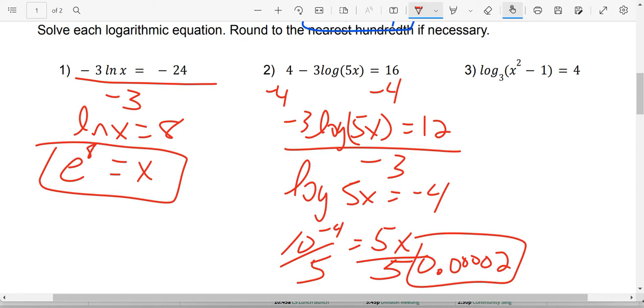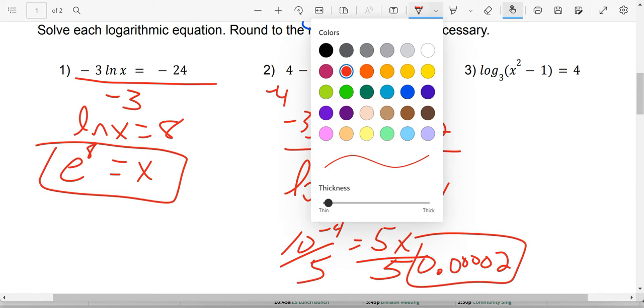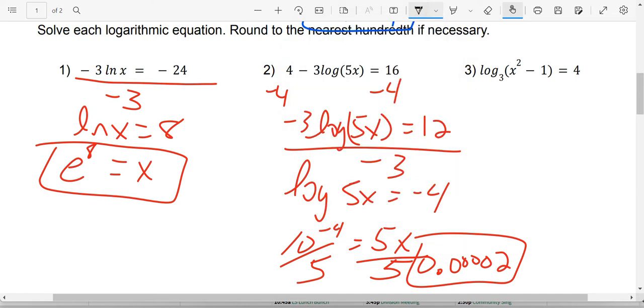All right. Next one, we got a little lucky, but also a little unlucky, in that we can go straight to putting it in exponential form. Yay! So 3 to the power of 4 equals x squared minus 1. 3 to the power of 4, though, that's going to be 81.